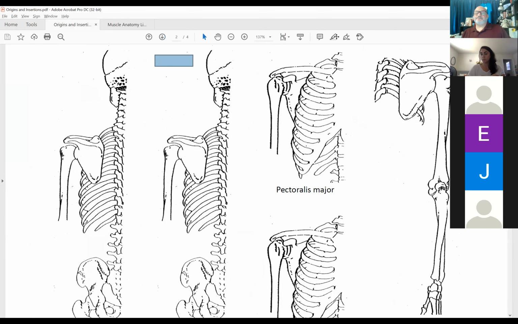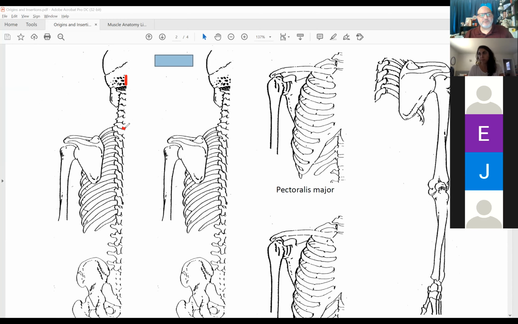All right, excellent. So let's start first, as we've been doing, with the origin. What is the origin of the trapezius muscle? Occipital bone, ligamentum nuchae, and spines of C7 and all thoracic vertebrae. Excellent.